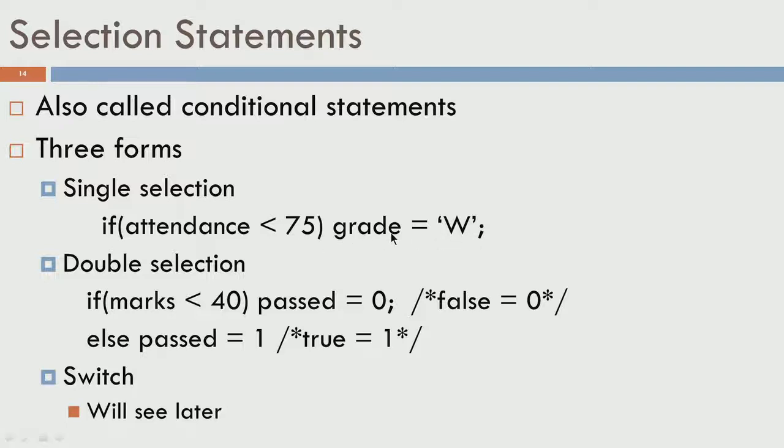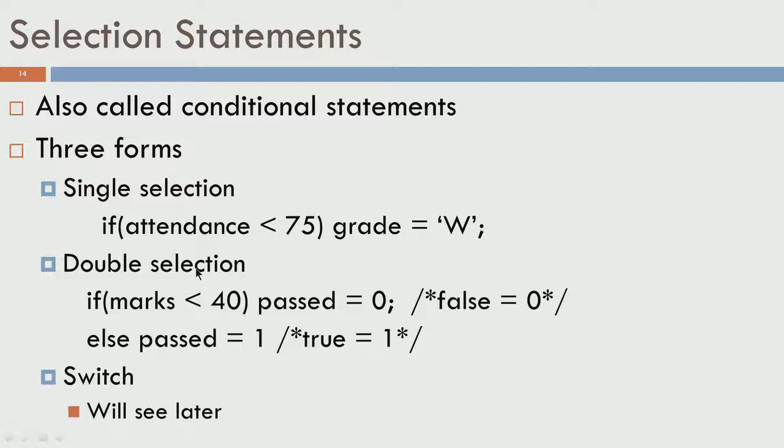This does not have any other choice, there is no else here, so this is a single selection statement. You choose to assign W to grade or not depending on the expression attendance less than 75. If attendance is greater than or equal to 75, this assignment will not be chosen for execution, which means it will not be executed.